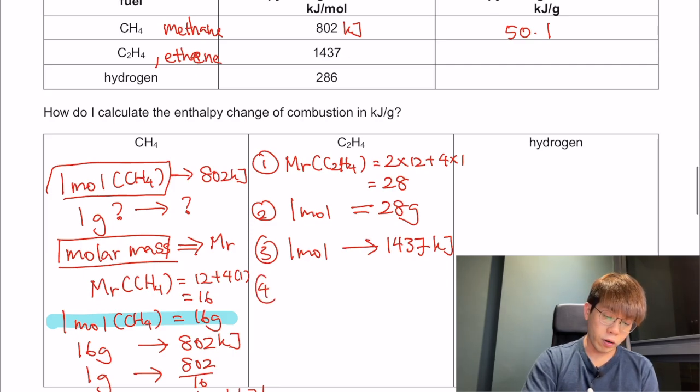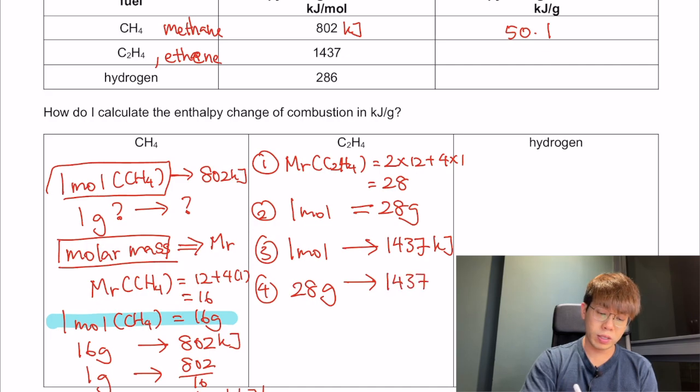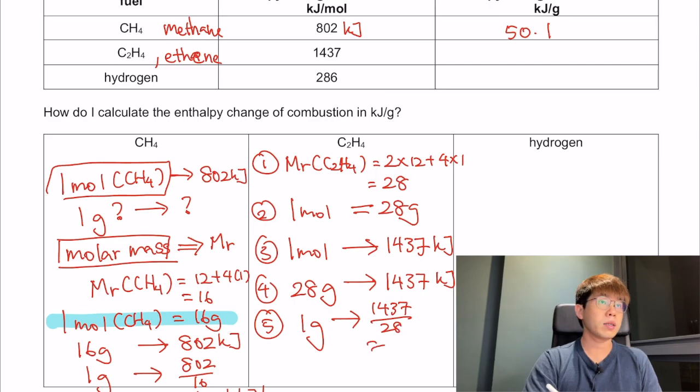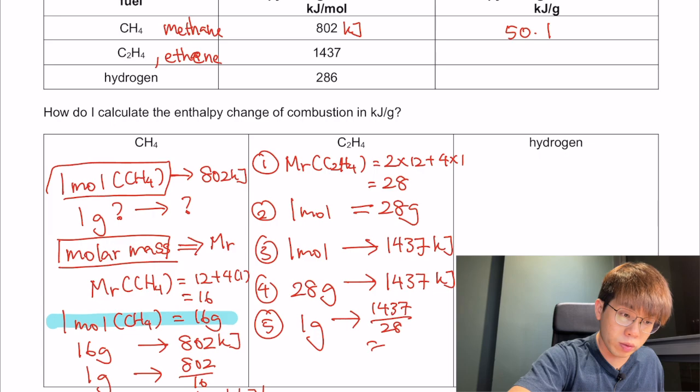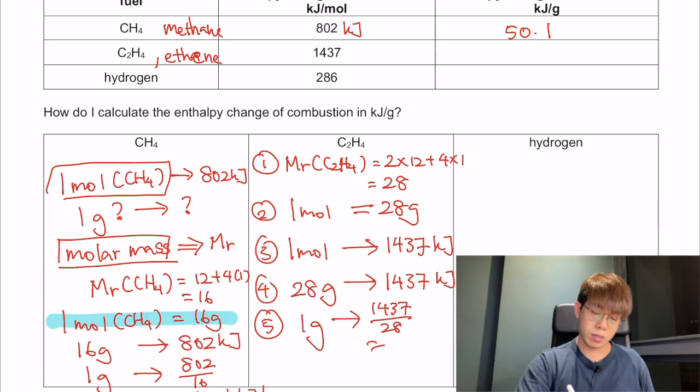And step 4, linking equation 2 and equation 3, I therefore know 28 grams of ethene will produce 1437 kilojoules, and therefore my last step, 1 gram is equal to 1437 divided by 28, and my calculator says that 1437 divided by 28 is 51.3 kilojoules per gram.